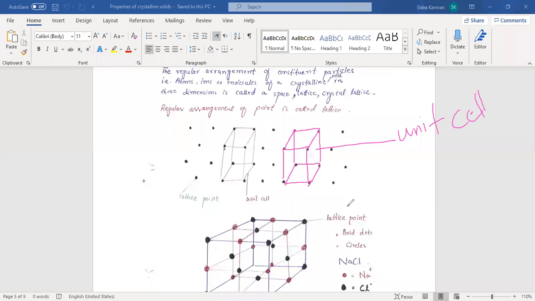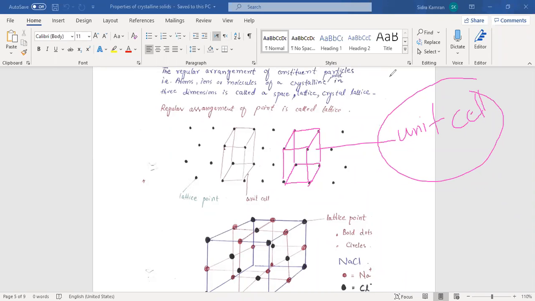There are different forms of crystals, and those crystalline forms have different types of arrangement of constituent particles. We will discuss them one by one. So from all the crystal lattice points, if I take one unit by joining some specific lattice points, I will get a unit cell.